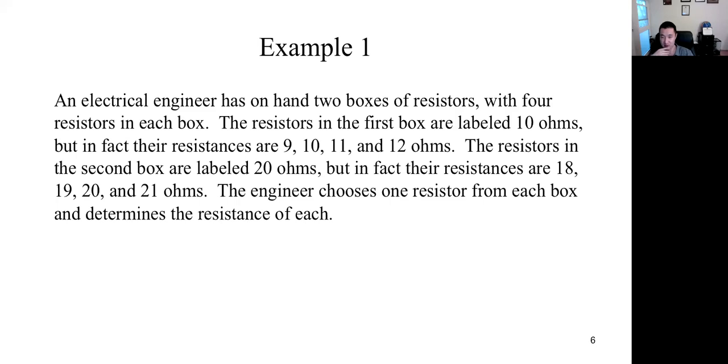For the second box, the resistors are labeled 20 ohms, but in fact, the resistances are 18, 19, 20, and 21 ohms. So the engineer chooses 1 resistor from each of these 2 boxes. This example is pretty straightforward.